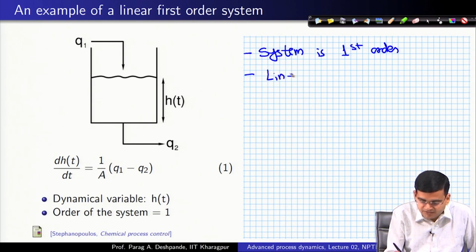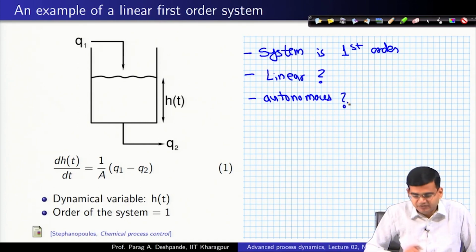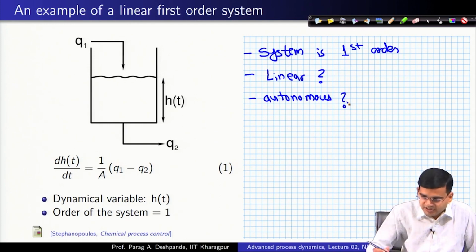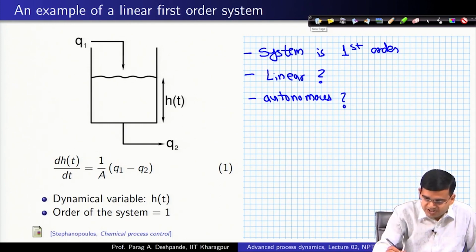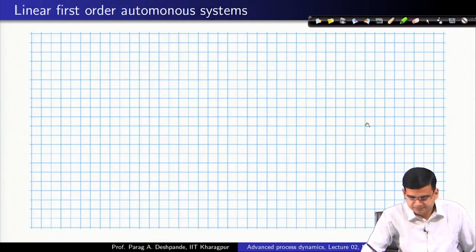Linear or not, we do not know, and autonomous or not, we have not even defined what is the meaning of autonomous. We will subsequently come to that concept. So, let us first see what are the different cases which can arise.